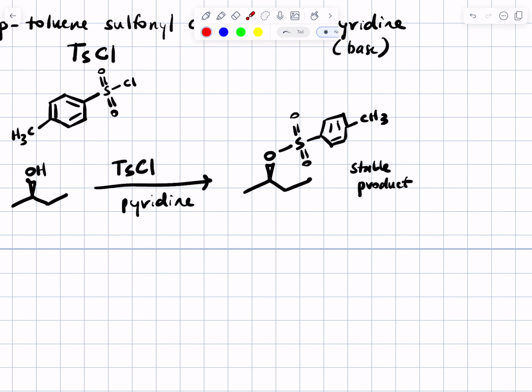This is now, instead of a toluene sulfonyl chloride, a para-toluene sulfonate ester. But instead of calling it a para-toluene sulfonate ester, we abbreviate that and call it a tosylate.